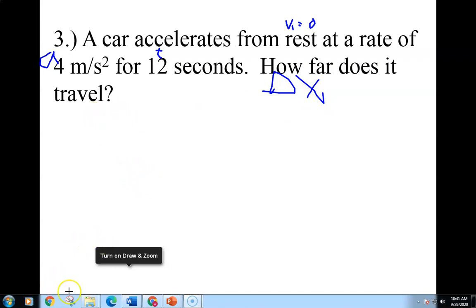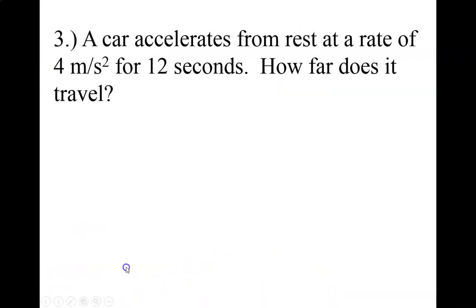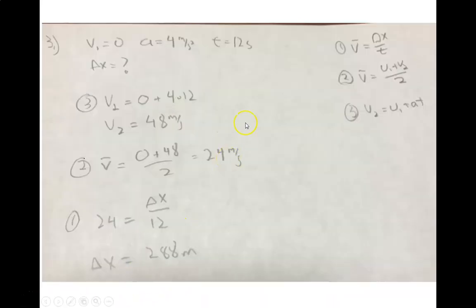This one's got a little bit more of a challenge to it. We're looking for displacement, which means I need to know v bar and t. I've got t, but I don't have v bar. So let's move on to equation 2. If I have v1 and v2, then I can figure out v bar.